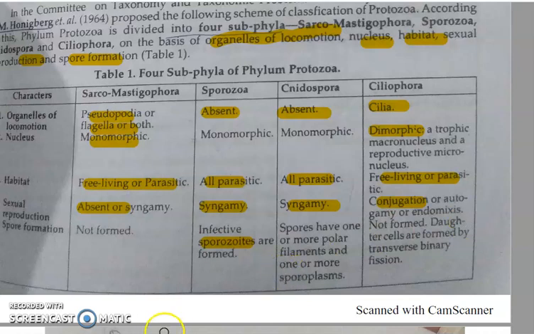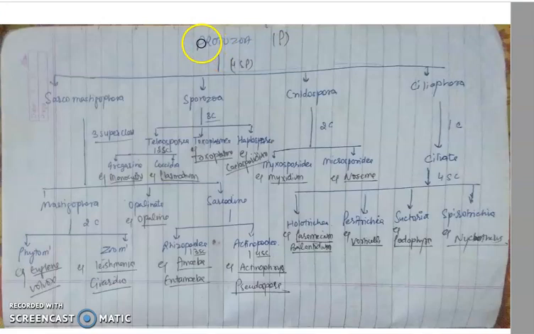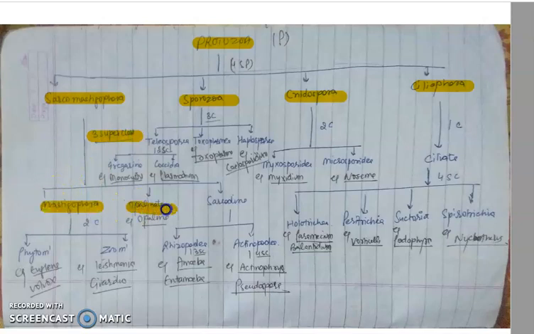Now we will have a brief look at the classification. This is the phylum Protozoa. It is divided into four subphyla: Sarcomastigophora, Sporozoa, Nidospora, and Coeliophora. The first subphylum, Sarcomastigophora, has three superclasses: Mastigophora, Opalinata, and Sarcodina.